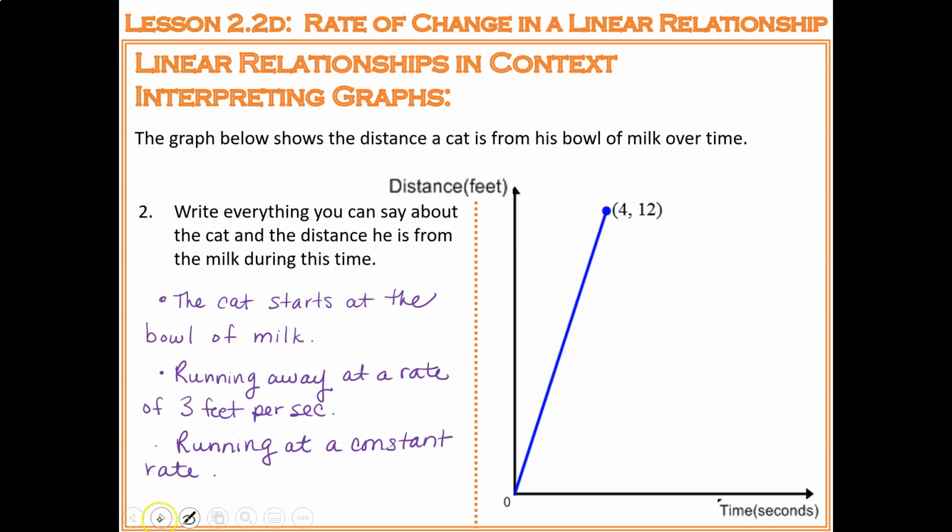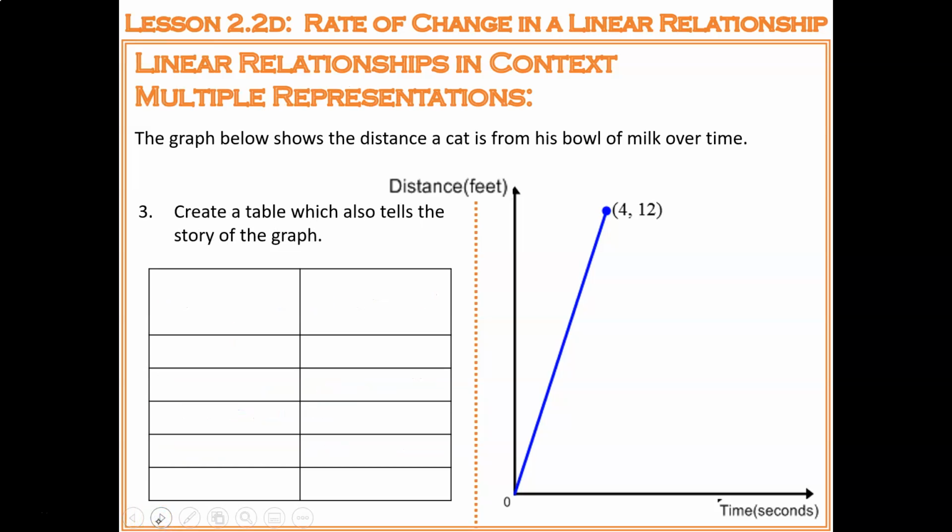So let's make a table now. Remember, the left is your x, so that's time, and the time is measured in seconds. And then this is the distance in feet. Here's your x, here's your y, okay? So at 0, he's on top of the bowl, so he's not away from the bowl at all.